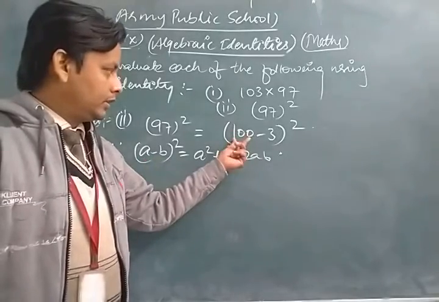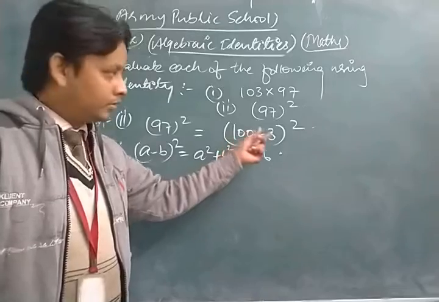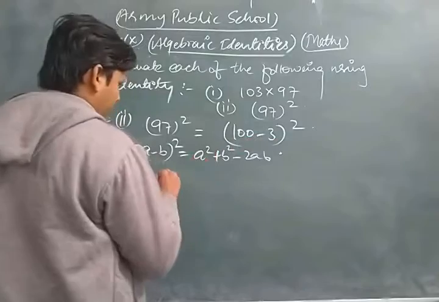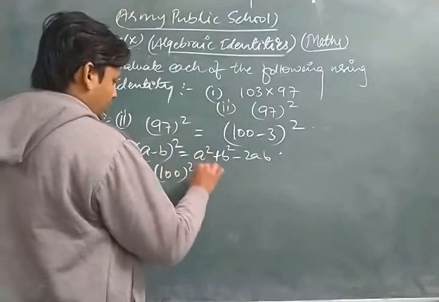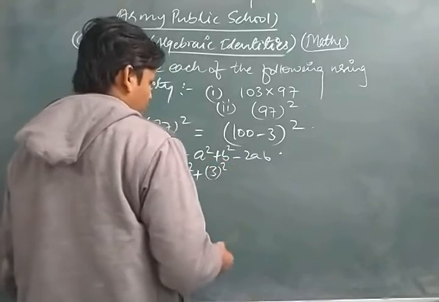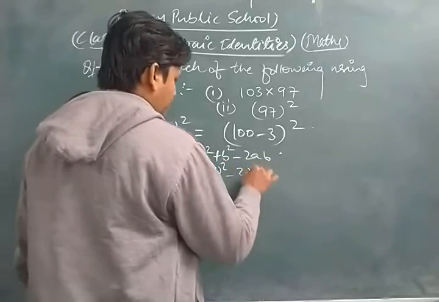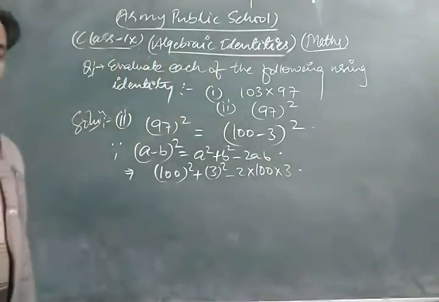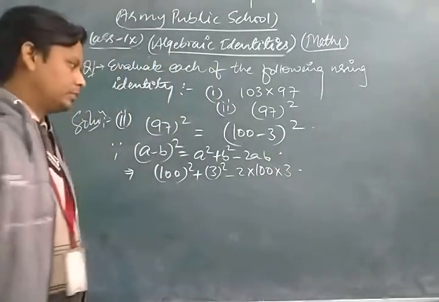So similarly here we have the value of a is 100, the value of b is 3. So now we can write a square plus b square minus 2ab, that is 2 into 100 into 3. Now we just simplify them.